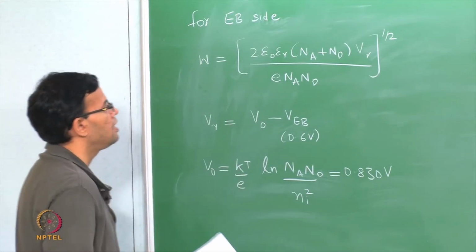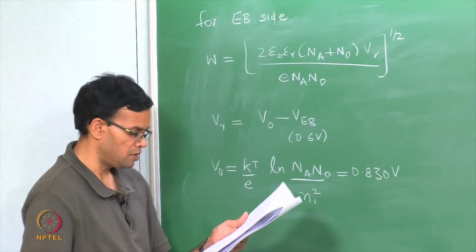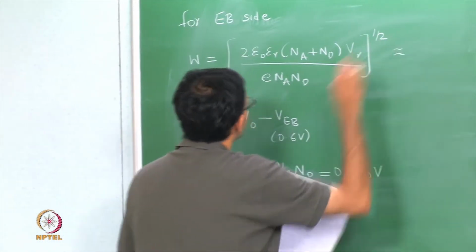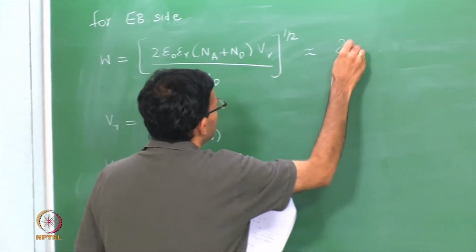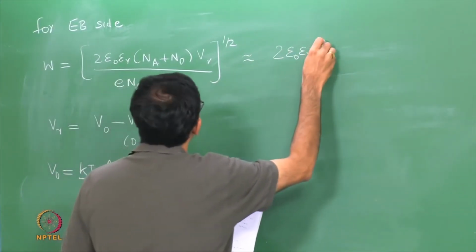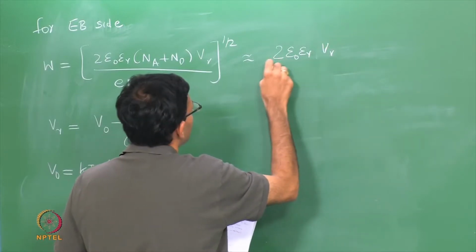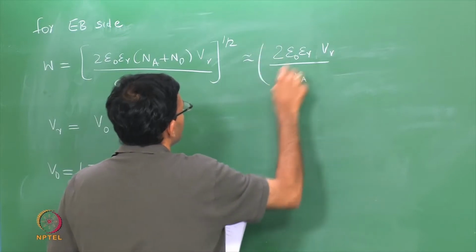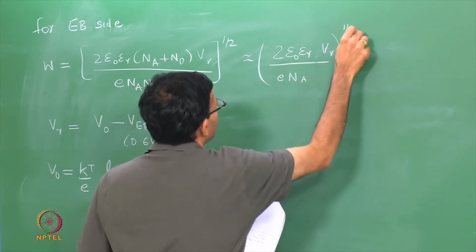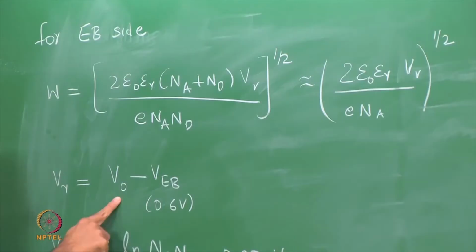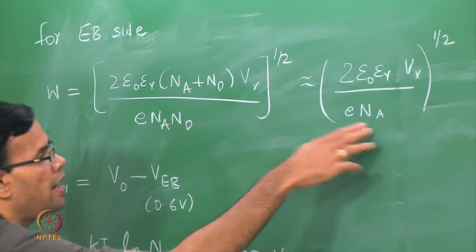So, in this particular case ND is much greater than NA. So, that W can be approximated as 2 epsilon naught epsilon r VR divided by NA e, whole to the half. So, everything else we know, VR is V naught minus VBE, NA is known.